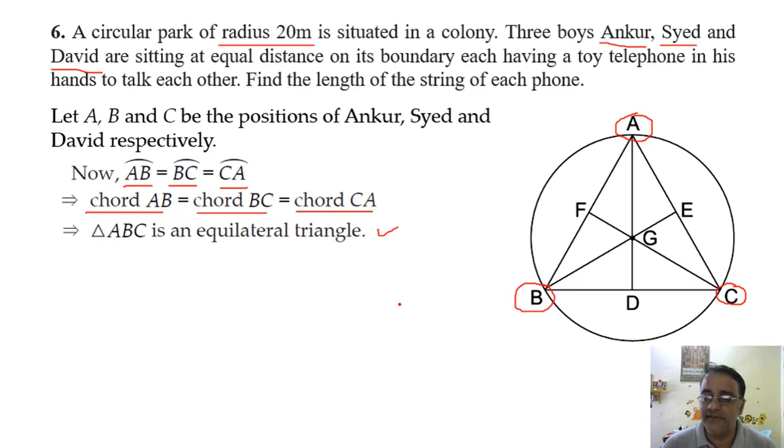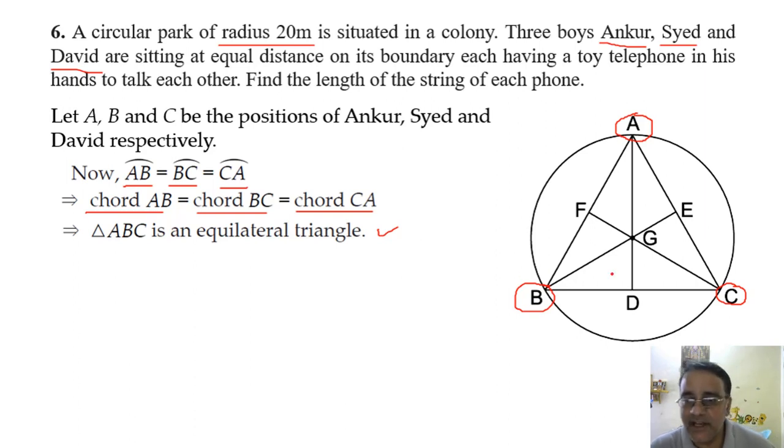Orthocenter is the point of intersection of all three altitudes of a triangle, and circumcenter is the point of intersection of all the perpendicular bisectors of the three sides, and centroid is the point of intersection of all three medians, and the last one, incenter. Incenter is the point of intersection of the angle bisectors of all three internal angles of the triangle.